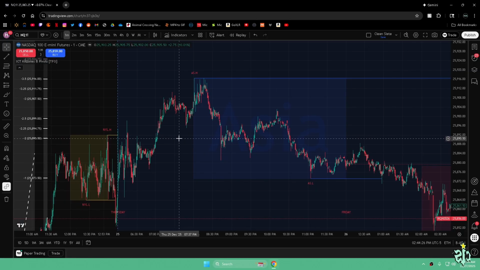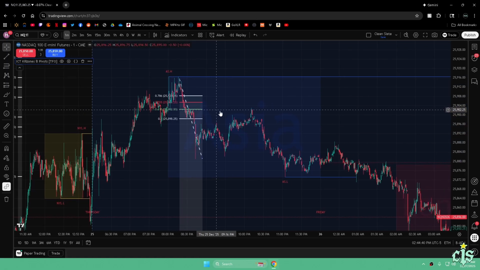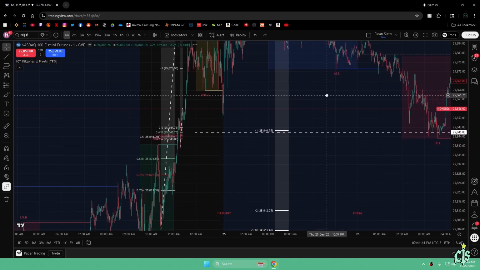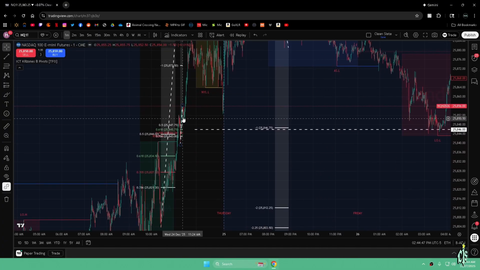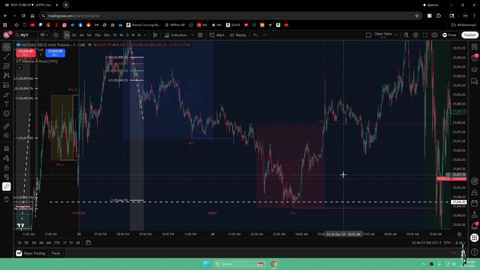Now, you could entry off this high to this low, right? Your entry is right here for shorts. And where do you want market to tap? Your imbalanced range, which would be this tiny range here. So it'll bounce off that.